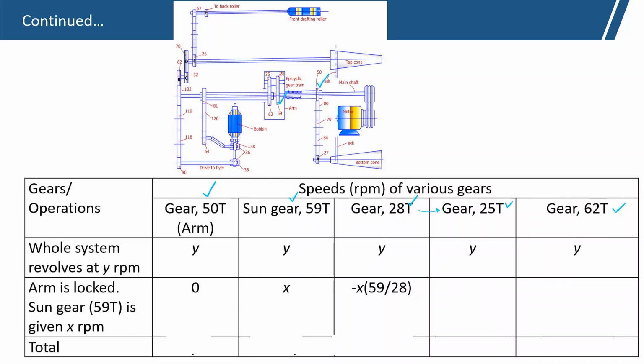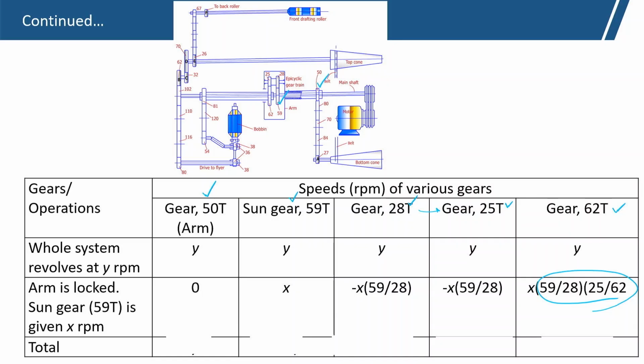The same speed will be taken by the 25 teeth, and the 25 teeth will give the motion to gear 62 with this ratio.